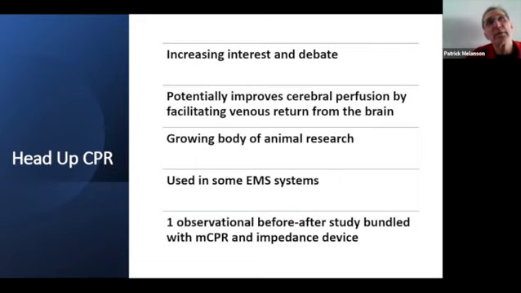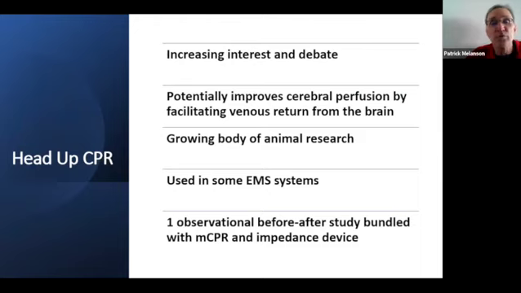Also, the chest compressions themselves lead to a concussive or percussive transmission of pressure, both in the veins and the arteries to the brain. They're thinking that might be harmful to some degree, and heads up CPR decreases those percussive forces. So that was the physiologic rationale for trying heads up CPR.